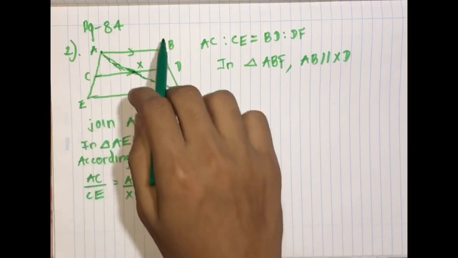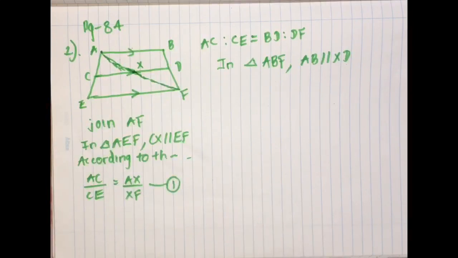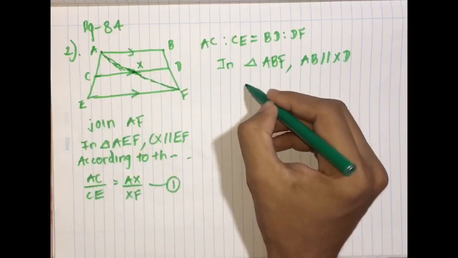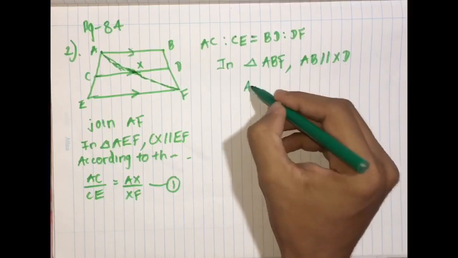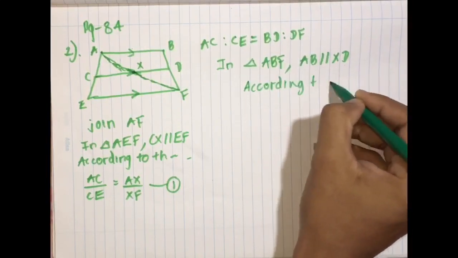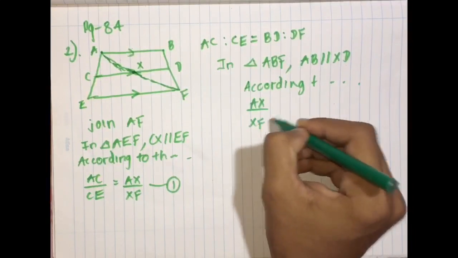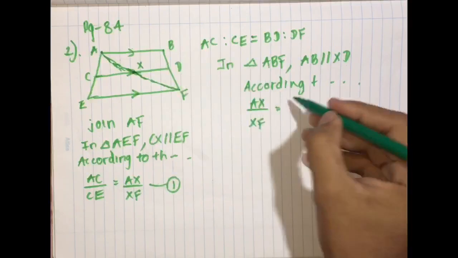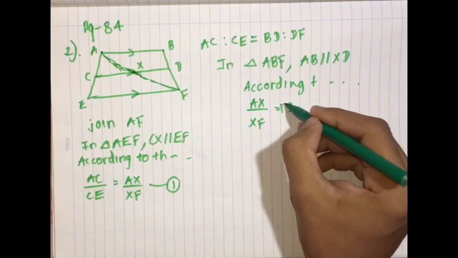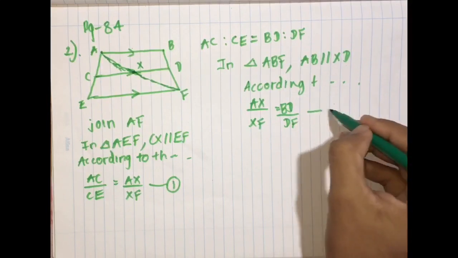These are the two sides, BF and AF, so it cuts in the same ratio. Therefore, according to the theorem, AX over XF is equal to BD over DF. Is that clear? Now you have the second equation.